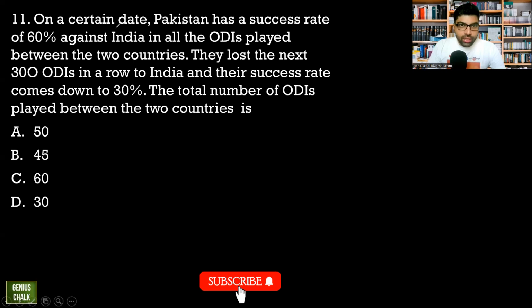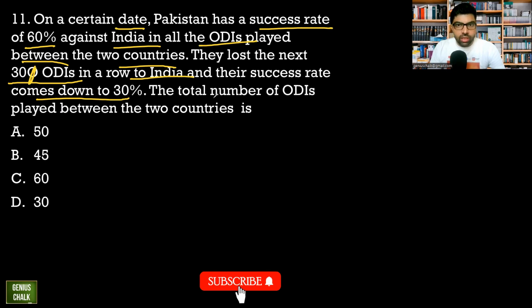11th question. On a certain date, Pakistan has a success rate of 60% against India in all the ODIs played between the two countries. They lost the next 30 ODIs in a row to India, and their success rate comes down to 30%. The total number of ODIs that have been played between the two countries is what we need to find. So let's say total matches initially played is X. Now 60% Pakistan was winning, so can I say 0.6 is the success rate of Pakistan?